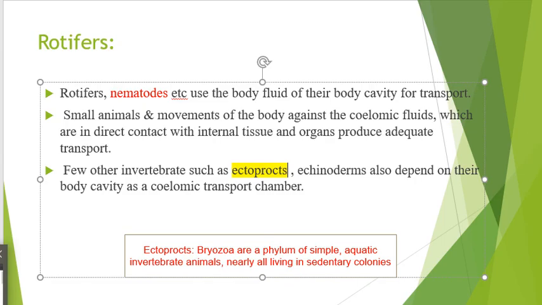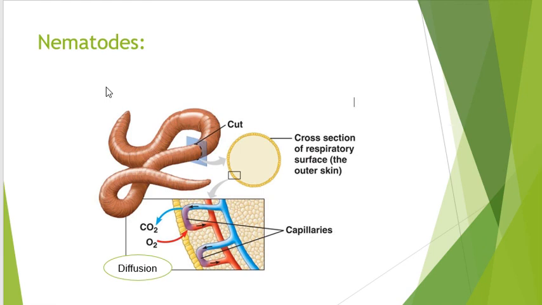We can check here. It is mentioned that nematodes also transport the materials through their body cavity, and the process that is involved in transporting in nematodes is also diffusion.